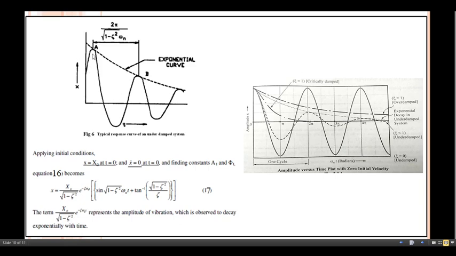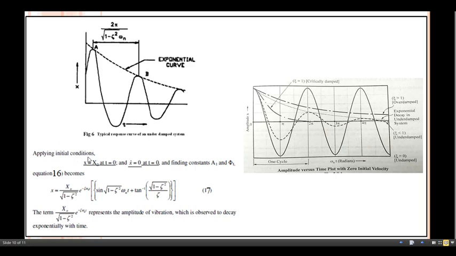So in this way the system will respond. System response means amplitude versus time. Now for the underdamped system, the amplitude crosses the time axis. In the previous two cases, the amplitude vanishes before passing to the other side of the axis.